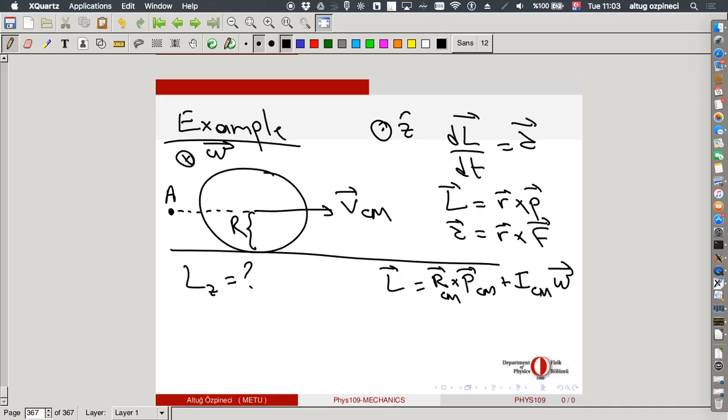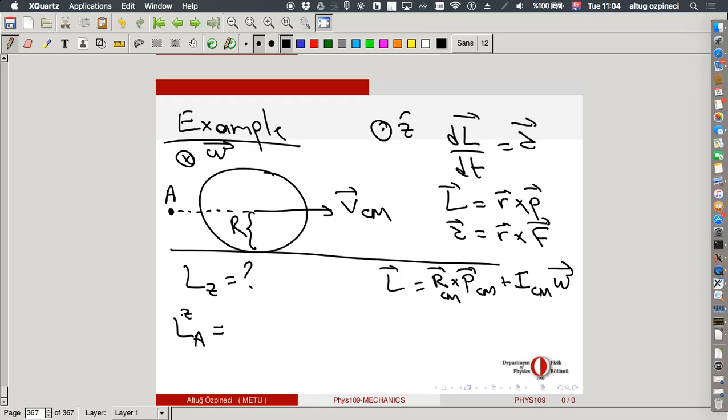So relative to this point A, what can you say about the angular momentum? Well, let's just write it down.